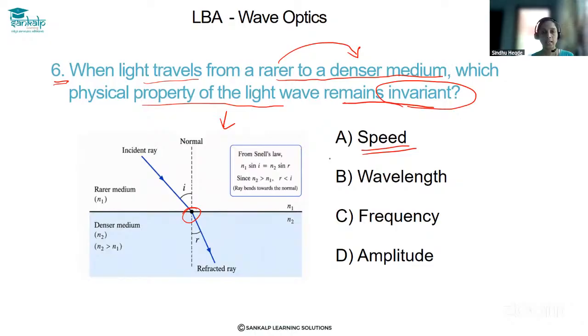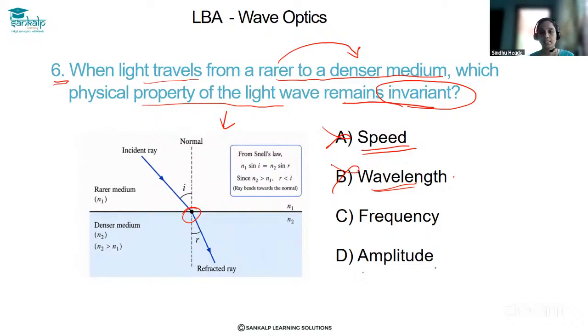So option A is wrong. Speed is not an invariant physical property. Option B tells about wavelength. Wavelength also changes here, so it is not invariant. So option B is also wrong.